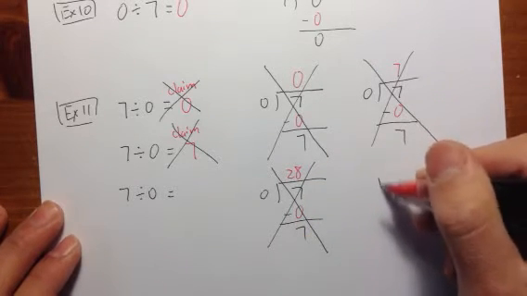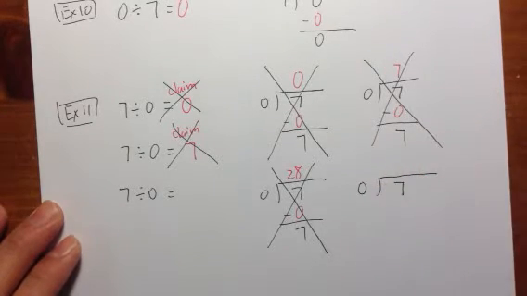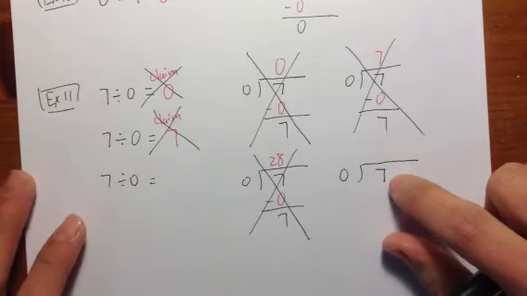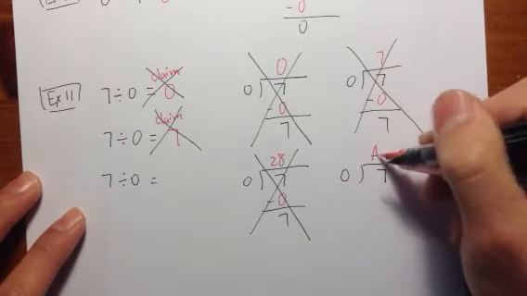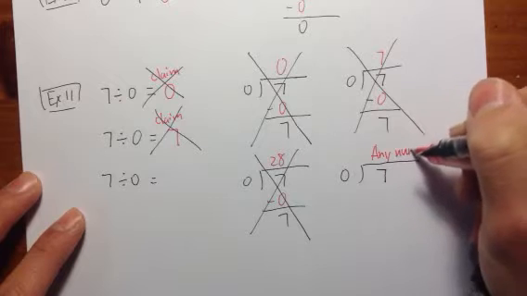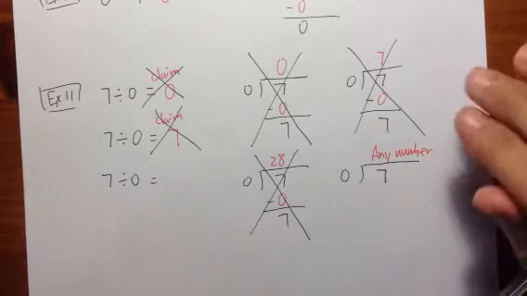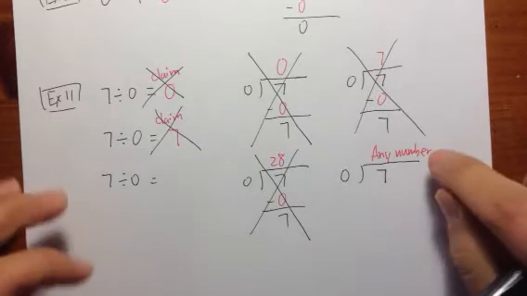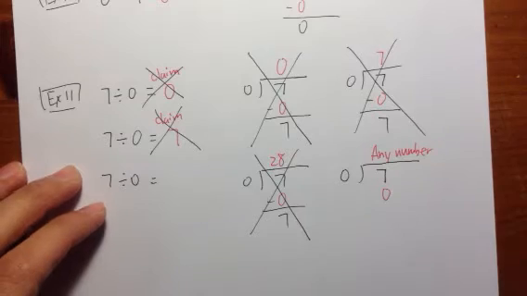In fact, if you have a 7 right here and then a 0 out here, whenever you are doing a 7 divided by 0 in this case, any number that you tried, any number that you think the answer is going to be, this number times 0 will give you 0.